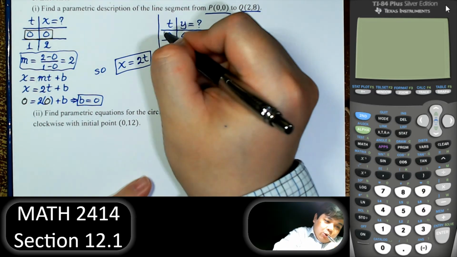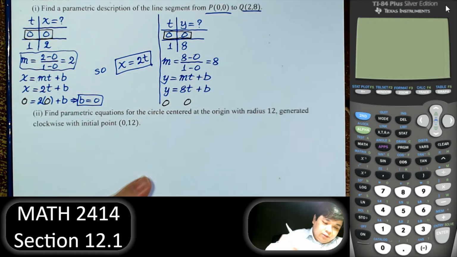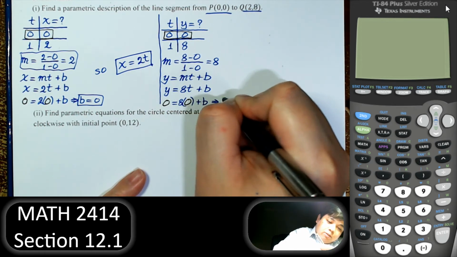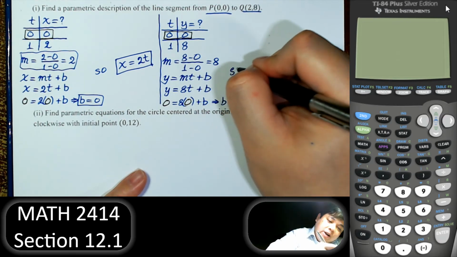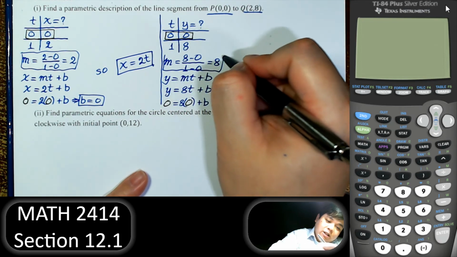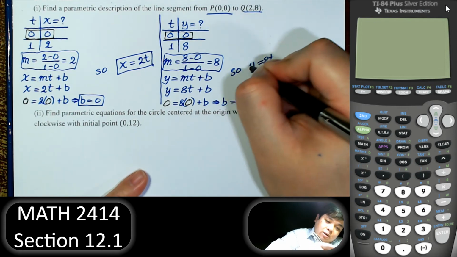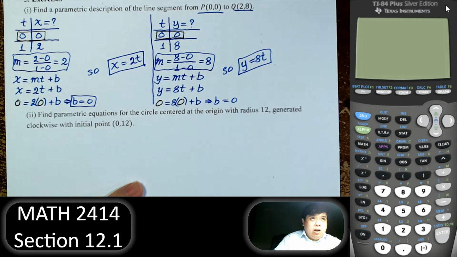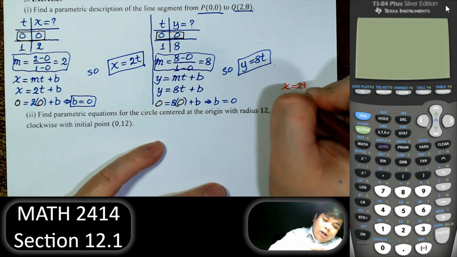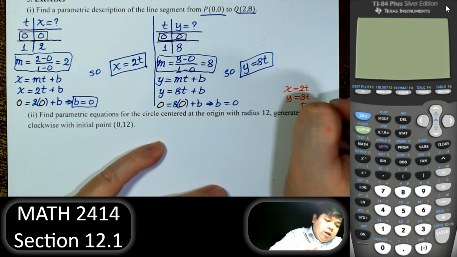And once again, when t equals 0, y equals 0. So in this case, b equals 0. So we have the equation y equals m, which is 8, times t plus b, which is 0, so y equals 8t. So bottom line is we have the equation x equals 2t, y equals 8t, and t goes from 0 to 1.